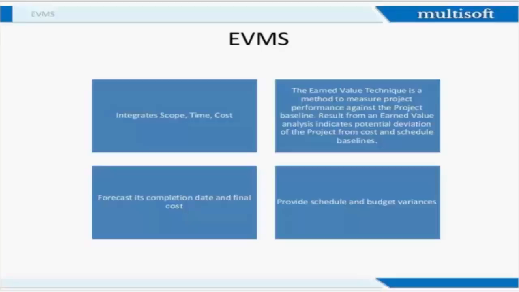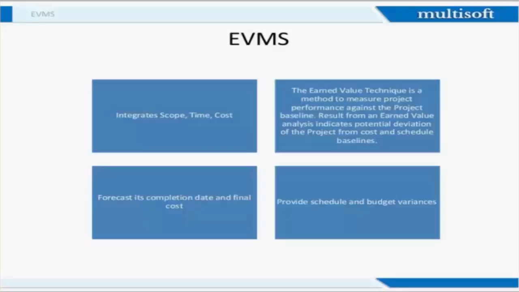So I can use it for scope, time and cost. The forecast is completion date and final cost. So I can forecast the completion date, how long it will take, and the final cost of the project, and provide the schedule and budget variance. It talks of what my variance is.